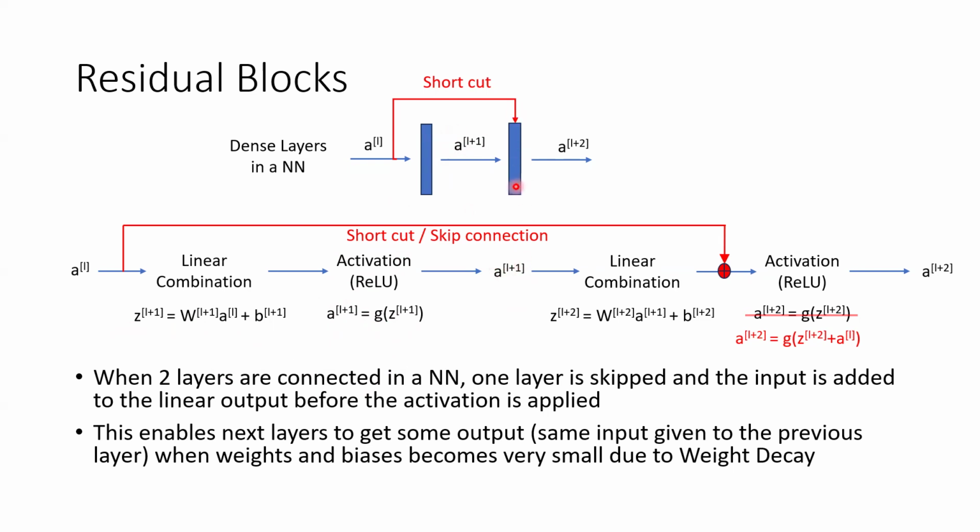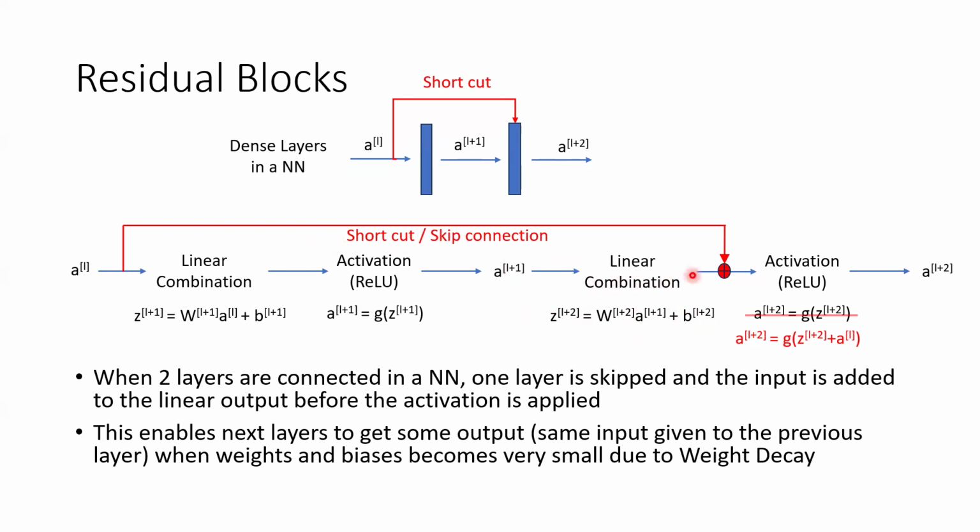Now in the second layer, the same thing happens. We have a linear combination where we apply A_L+1 to the weight matrix W_L+2, then we add the bias B_L+2, and you get the Z value Z_L+2.